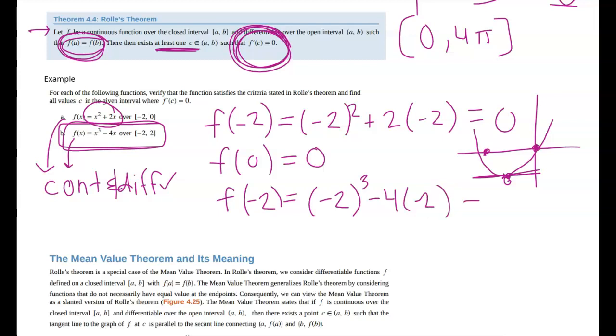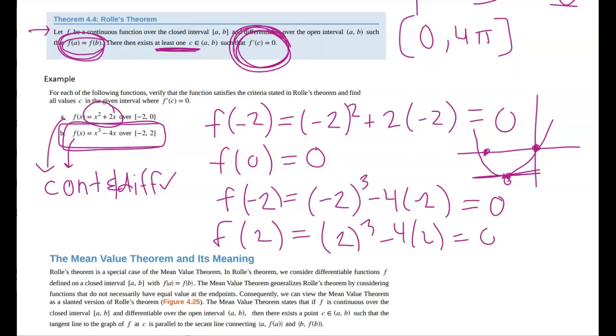I end up getting -8 plus 8, so I get 0. And f of 2 is 2 cubed minus 4 times 2, also 0.